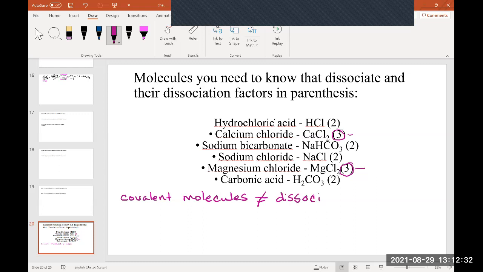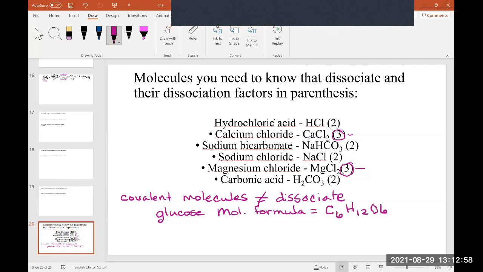They don't break up into individual particles. So if you think about glucose, its molecular formula is C6H12O6.